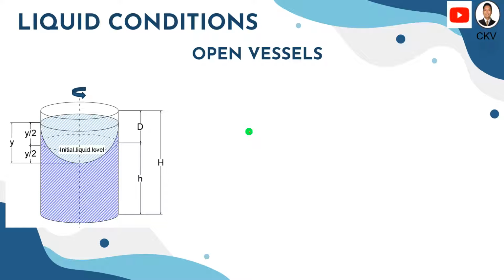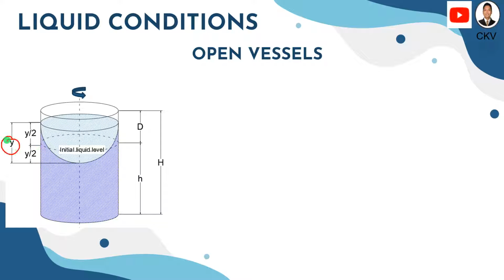So that depth y, when the vortex is formed, is distributed equally above its initial liquid level and below its initial liquid level.